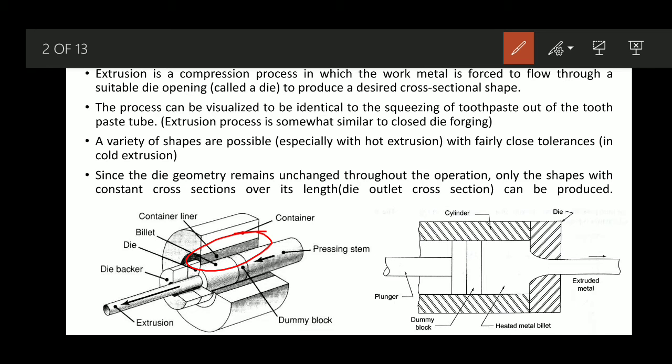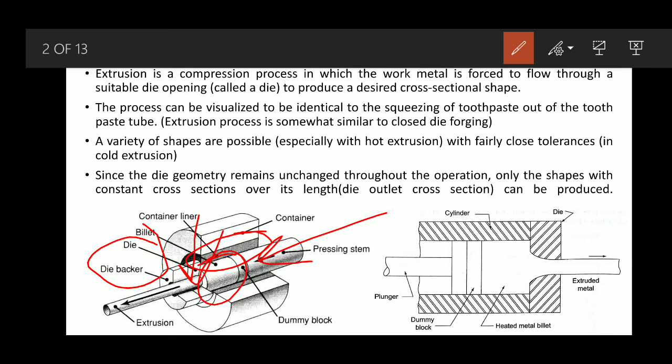Similarly, the pressing ram and the container will be in contact, so the liner gives a smooth transition between them. We also have the billet here, and to hold the die we have the die bracket, and this is the die opening.